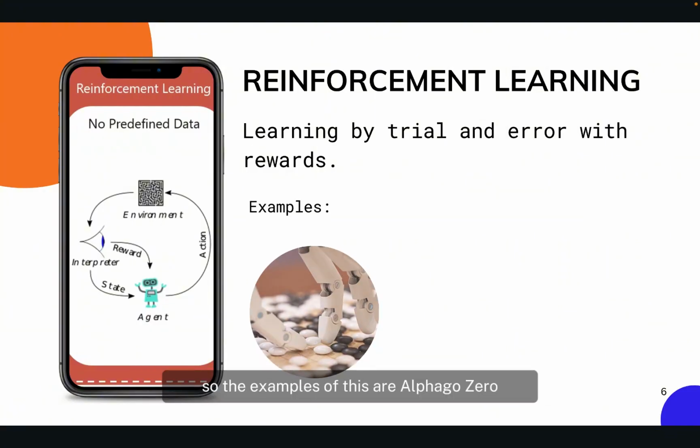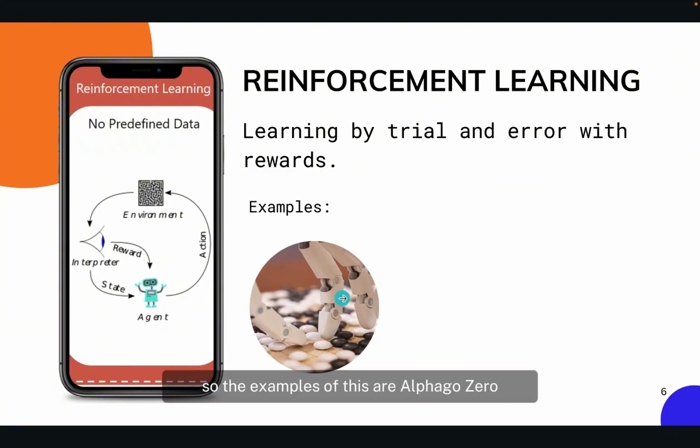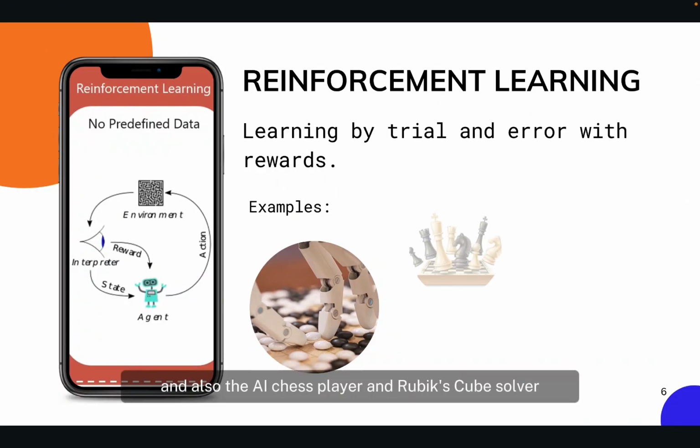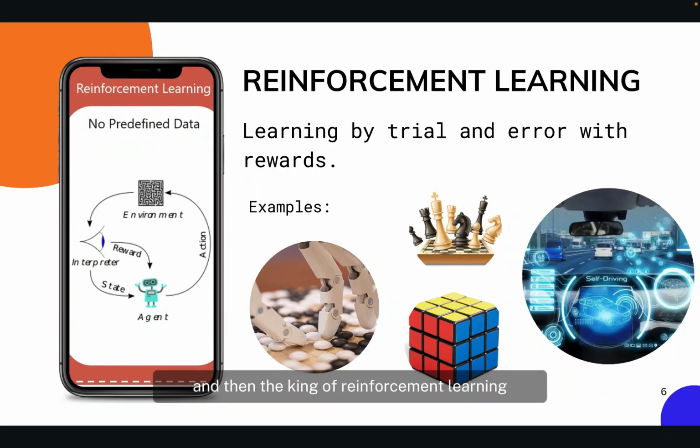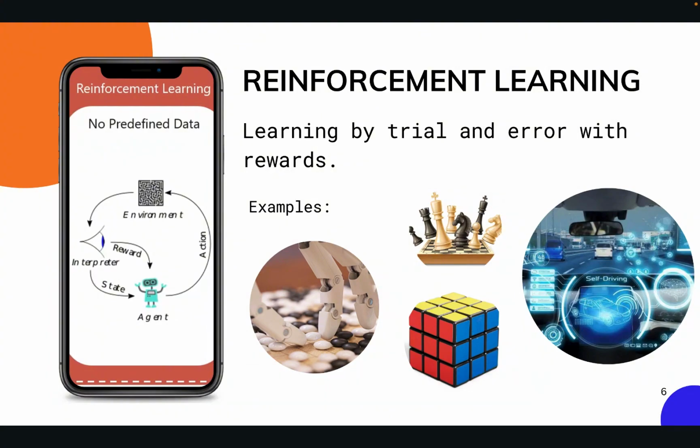The examples of this are AlphaGo Zero, which was developed by DeepMind by Google, and also the AI chess player and Rubik's Cube solver, and then the king of reinforcement learning, which is self-driving cars.